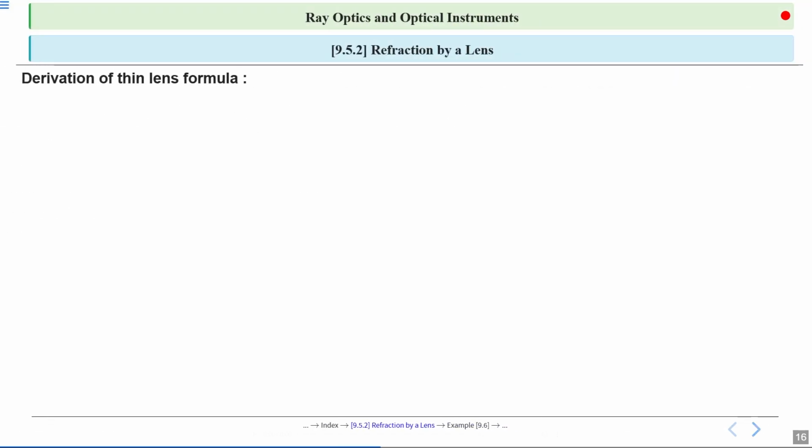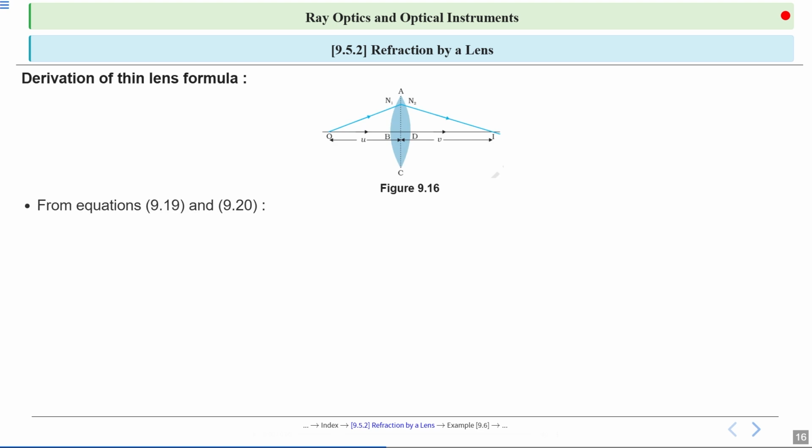Now, derivation of thin lens formula. Figure 9.16 again. From equations 9.19 and 9.20, n1/OB + n1/DI. We apply the condition that if OB approaches infinity, that means the object is at infinity, then DI will be equal to focal length.